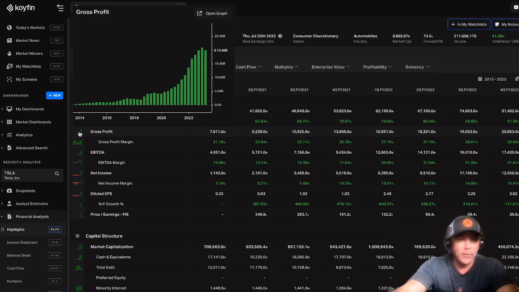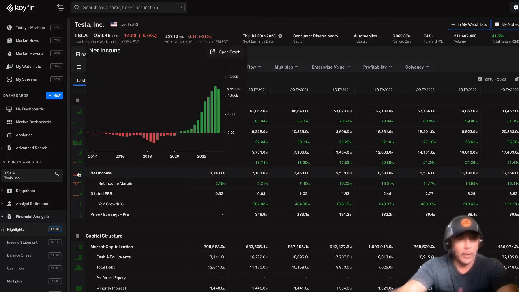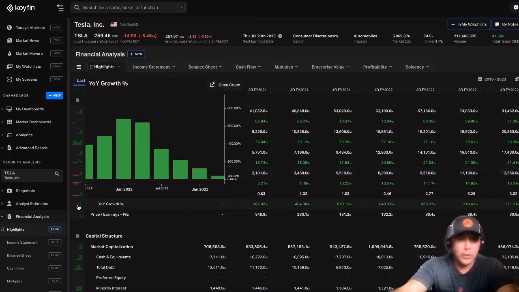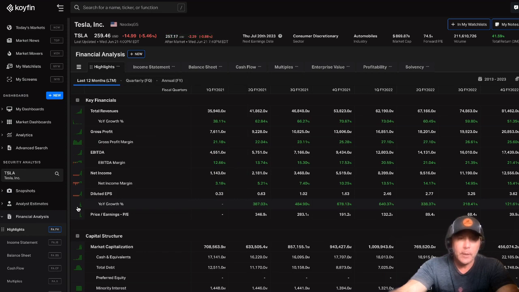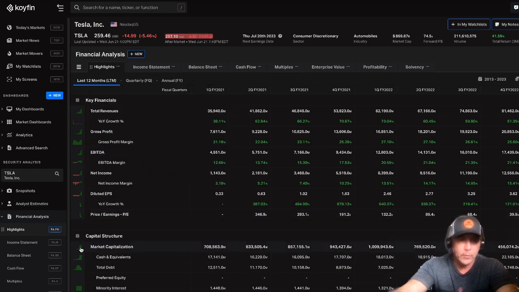So gross profit, this goes back to, looks like mid 2013, gross profit up and to the right. Then gross profit margin, net income trending up and to the right. The year-over-year growth percentage doesn't look great on paper right here, but it does make sense, especially for the last few years in terms of what this world has been going through.